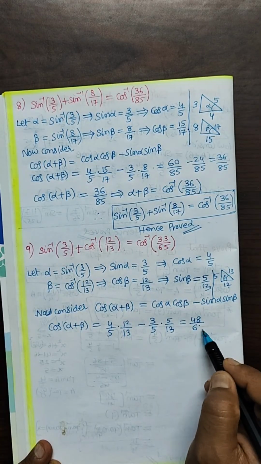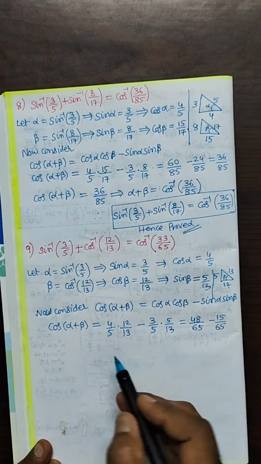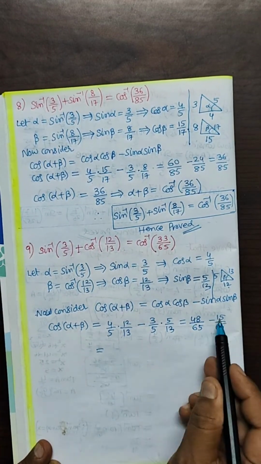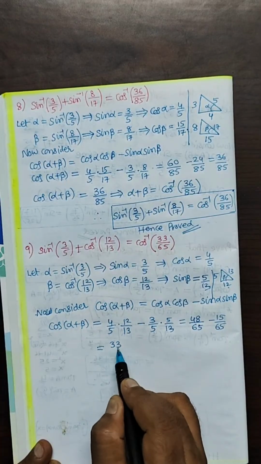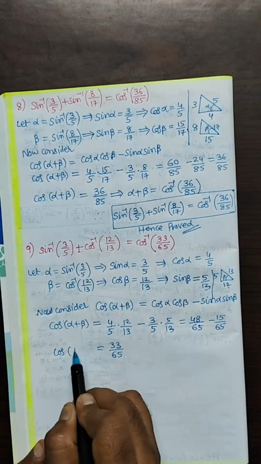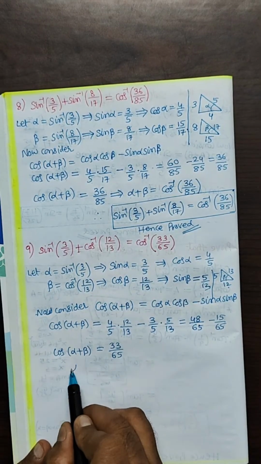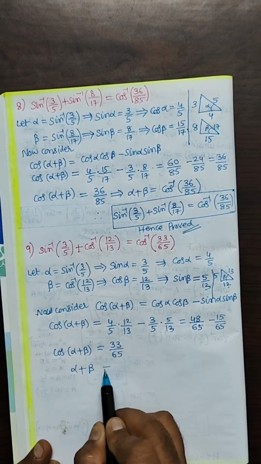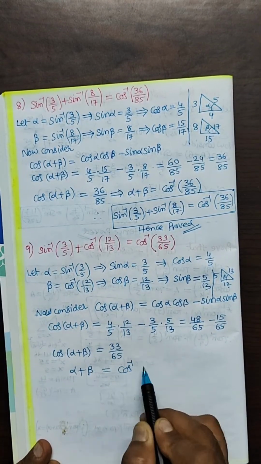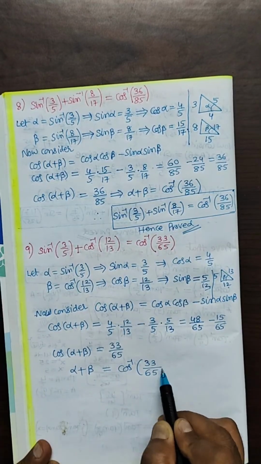So 48 by 65 minus 15 by 65. So denominators are same now. 48 minus 15, 33 divided by 65. So cos of alpha plus beta, so alpha plus beta is equal to cos inverse of 33 by 65.